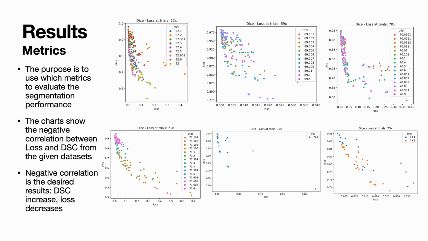However, there were some trials where the DICE score does not increase that much compared to other trials, even though it does have negative correlation. This run reaches the point where the DICE score becomes stable too early and the performance cannot increase anymore. Of course, there will be experiments trying to improve the segmentation from this point later.